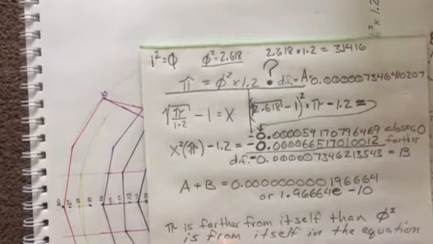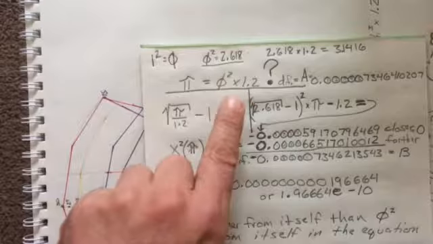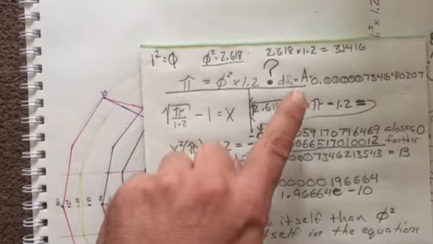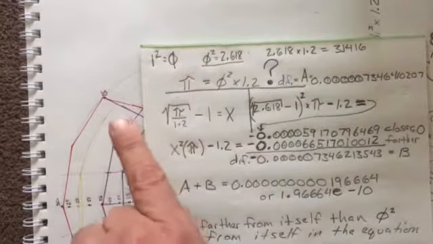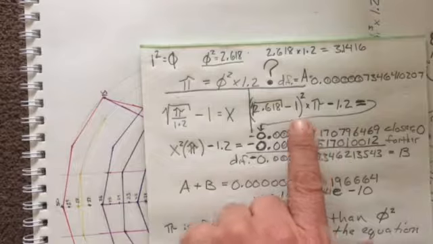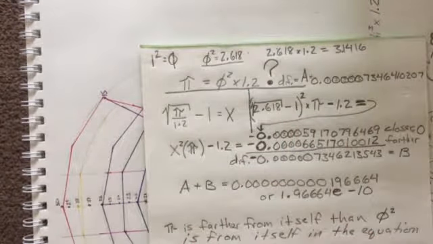Now, if we do the same equation, but we start with 2.618, square root of that, minus 1, times pi, we're going to get the square root of negative phi. Now we're going to reverse it, times pi minus 1.2.